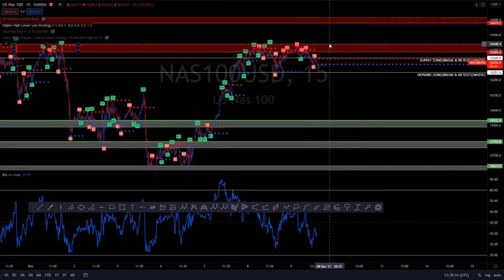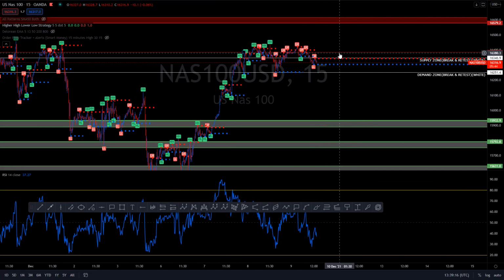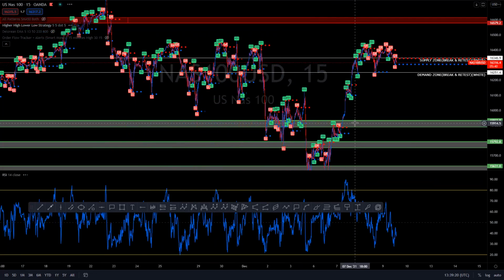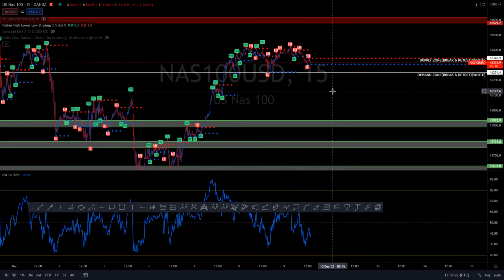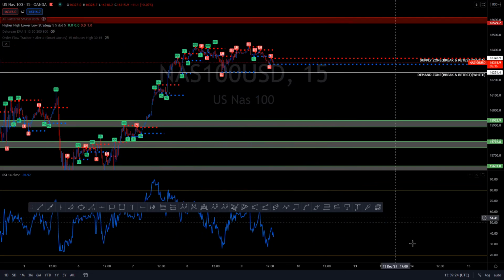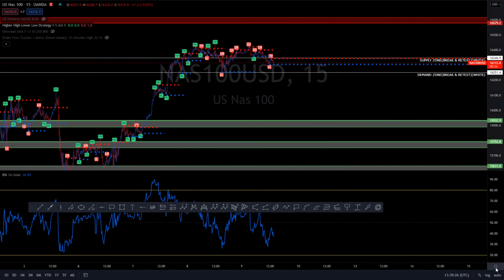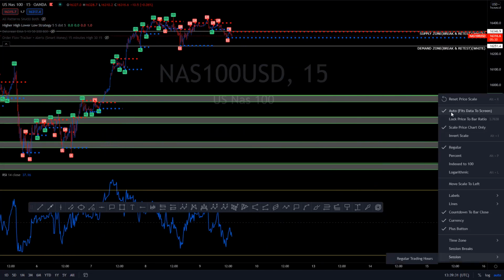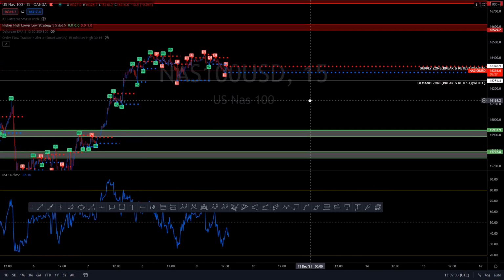I'm going to erase this zone too. Yeah, I'll just erase those 2 zones and just work with this for now. Then if I need to draw them again, I'll draw them. So I'm going to wait to see it break out, see which way price is going to go.